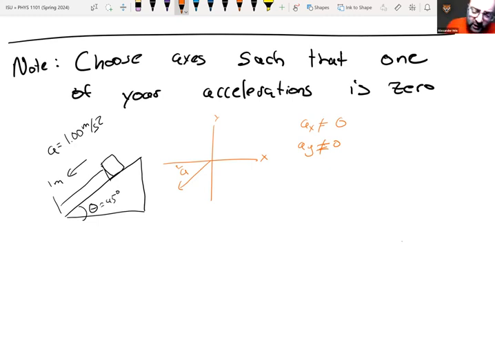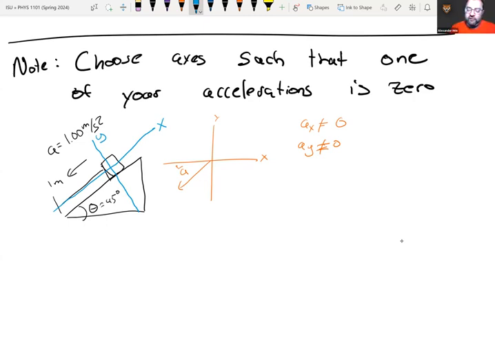And the point is, what you can do instead is you can basically rotate this and set up an XY coordinate system that looks like this, where X is in the plane of the ramp and Y is just perpendicular to that. And again, you can set up coordinate systems however you want.